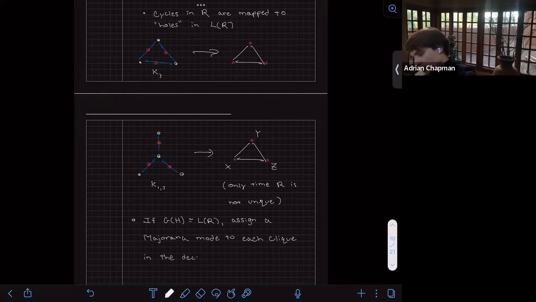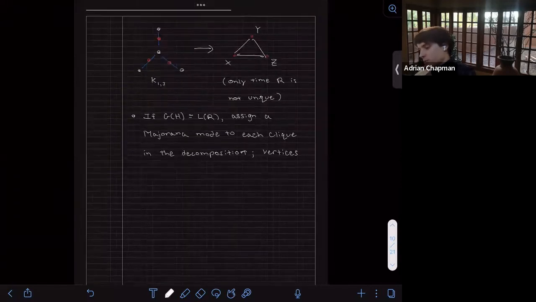And then what will happen is Hamiltonian terms sharing the same clique will now also share a Majorana mode, and so they'll be guaranteed to anti-commute. So vertices sharing a clique will anti-commute.